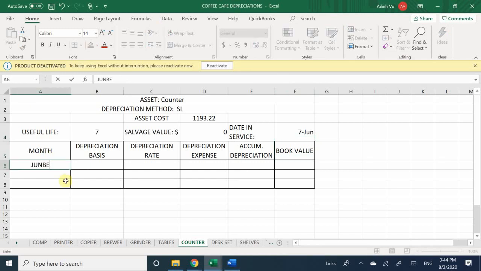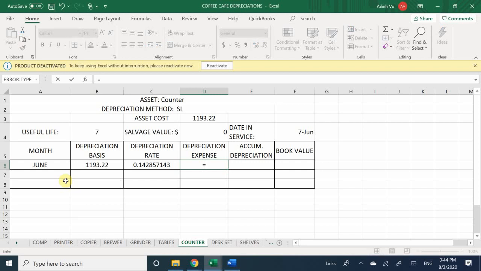So what's the depreciation basis? 1193.22. And 1 divided by 7 is 0.1428.